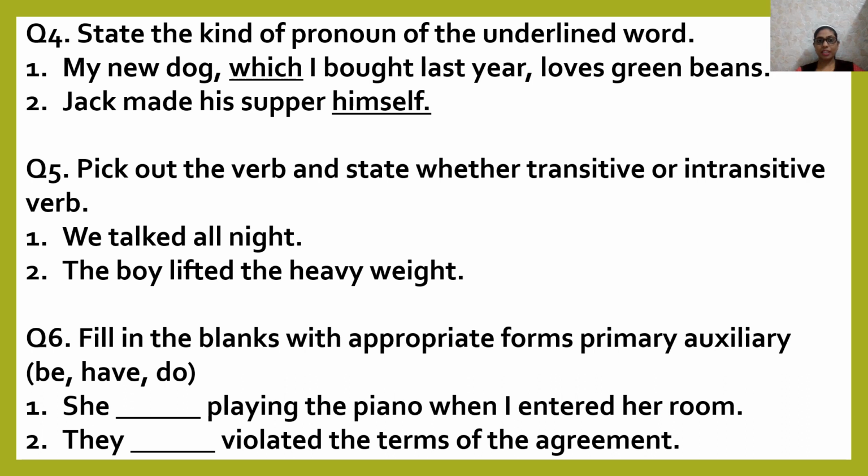You have to state the kind of pronoun it is. The second sentence, Jack made his supper himself. In this sentence, the word himself has been underlined. You have to state which kind of pronoun it is.